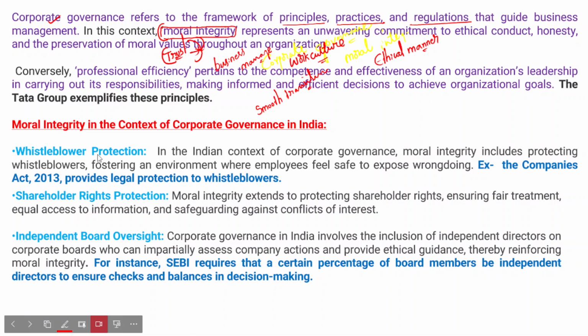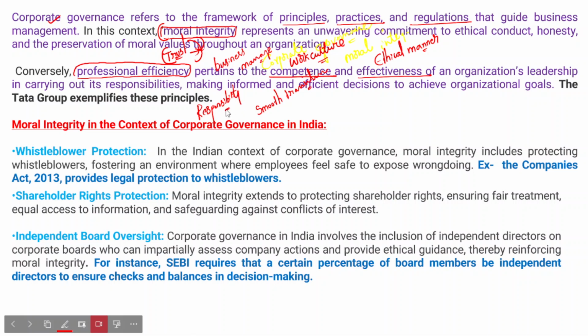Now, we have defined both corporate governance and moral integrity. Now we will understand the third concept, that is professional efficiency. What exactly is professional efficiency? It symbolizes the corporate company's competence and effectiveness. It also involves the leadership's ability to carry out the responsibilities given to them.